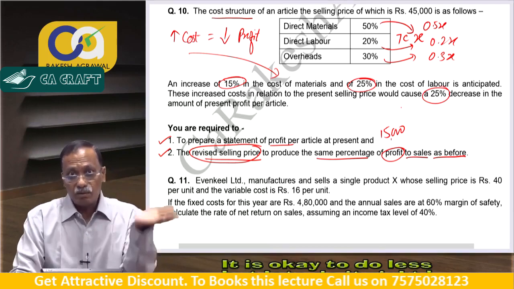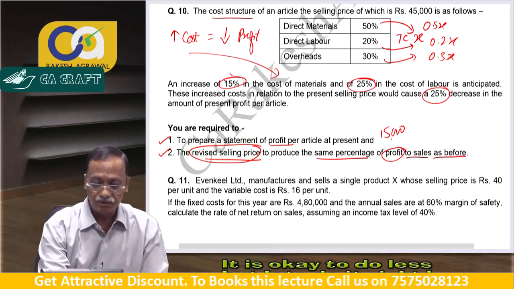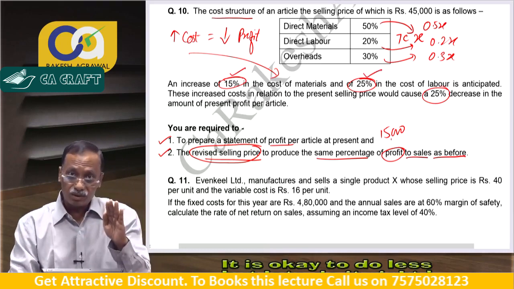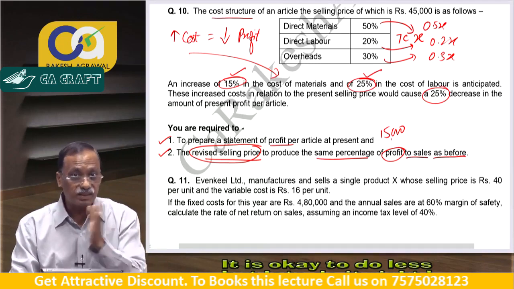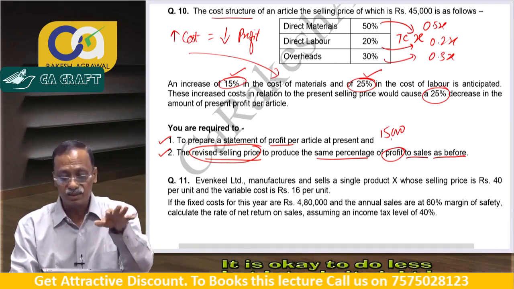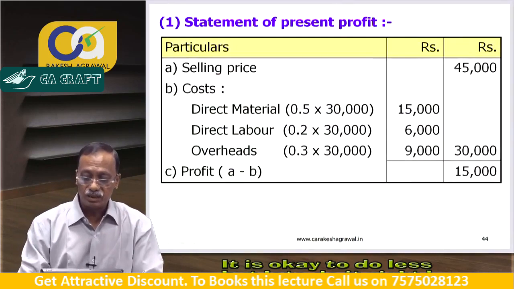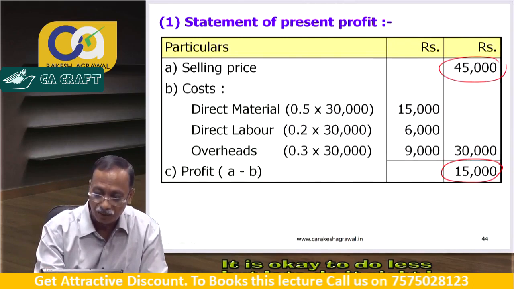And then we'll calculate revised cost after these increases, 15% and 25% increase. So we'll calculate revised cost, and in that revised cost we'll add the percentage profit at same percentage and we'll get the revised sales price. Is that clear? Now check this. Your profit percentage is 15,000 upon 45,000 sales price. It means 1/3 of sales.